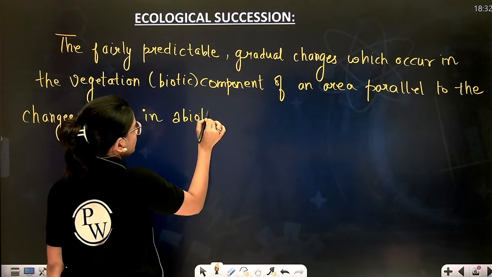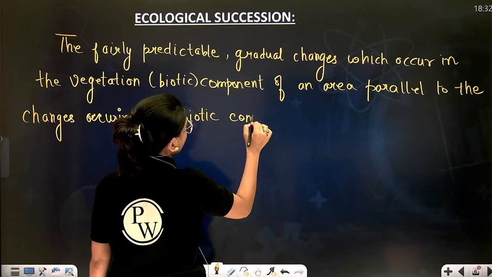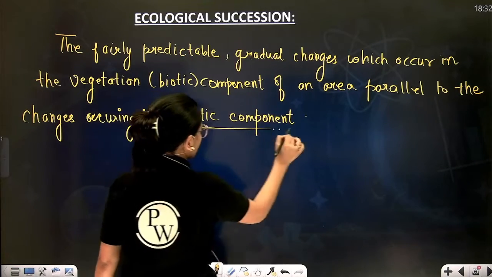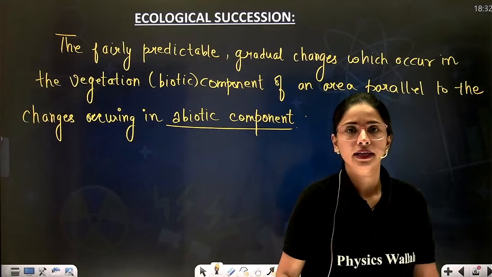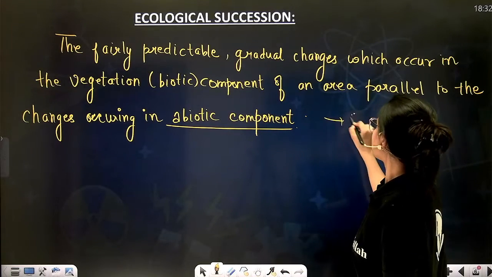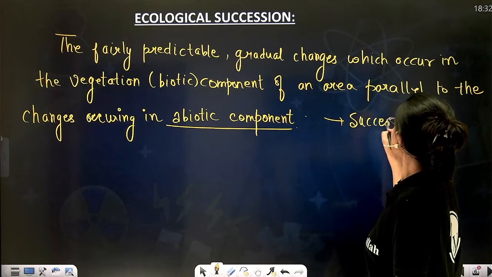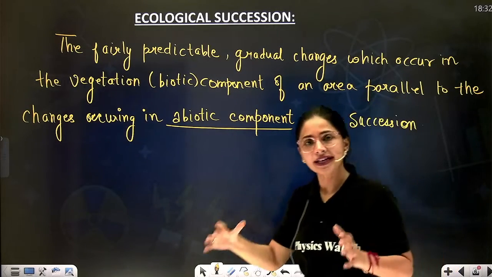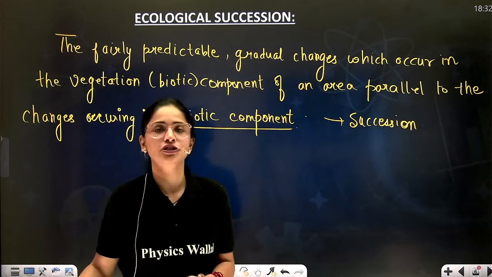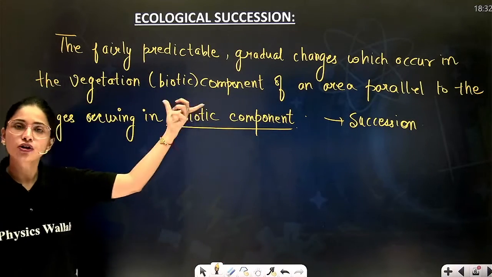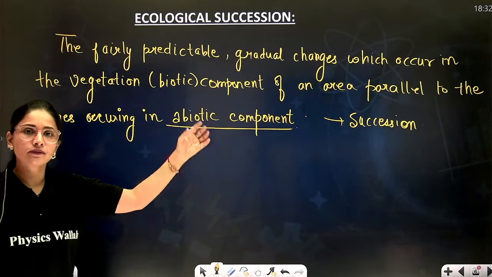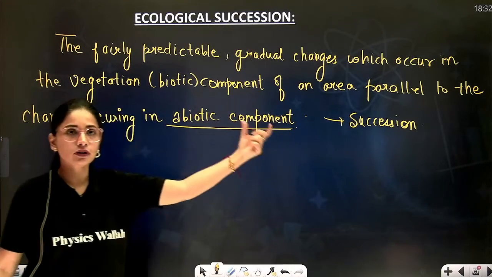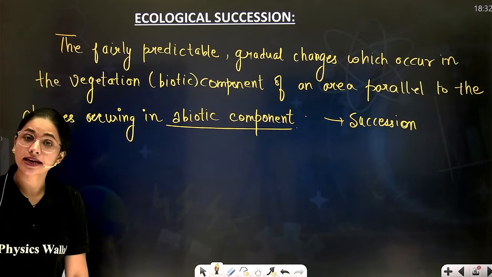This is known as succession. Correct? So the fairly predictable, gradual, slow changes which occur in the biotic component of an ecosystem with respect to the changes occurring in the abiotic component of the ecosystem is known as succession.